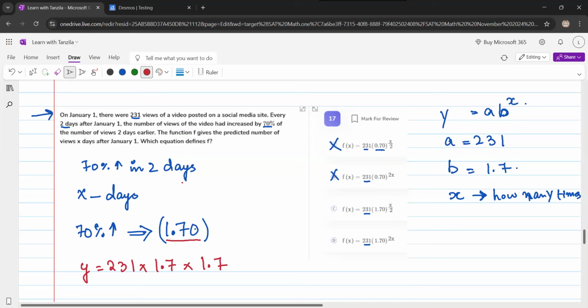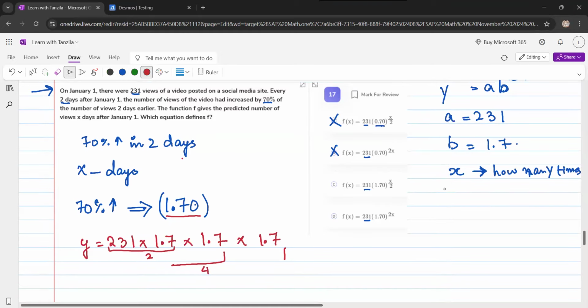So this much is after 2 days, up till here is after 4 days, and this much is after 6 days.